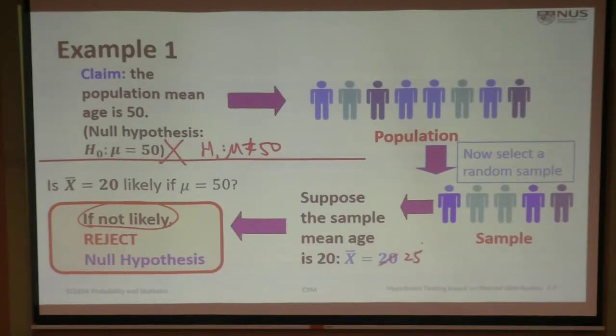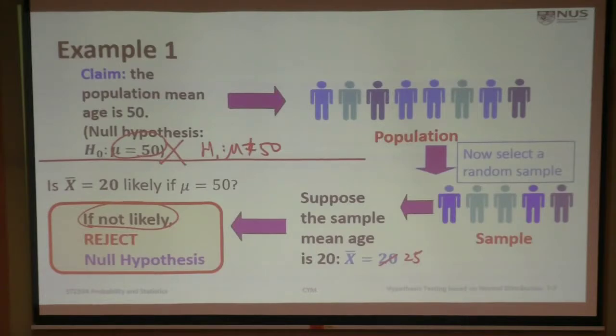Then I take a sample of NUS students and find the sample mean age is 25. Then is it sufficient to say that mu equal 50 is the wrong statement? Obviously it's unlikely that if the mean equals 50, then x bar equals 25.